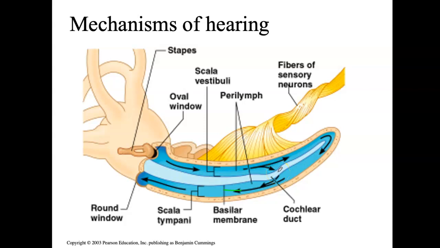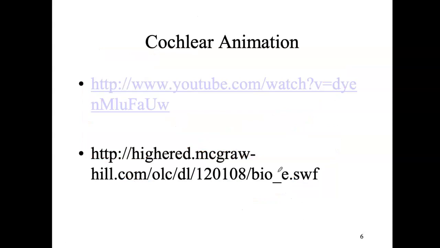And if the fluid moves around in the cochlear duct, it's going to have an effect on those neurons sitting in that fluid. All of a sudden that fluid moves, and they are going to be stimulated to send an action potential to the brain saying, hey, something's happening, I'm hearing something. Okay? All right, so let's move on then.